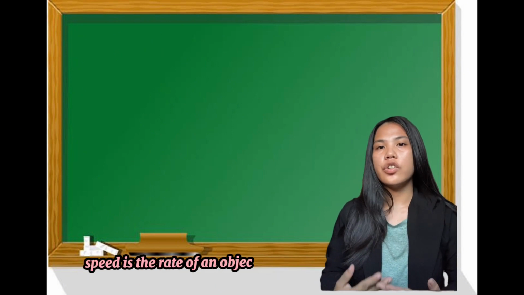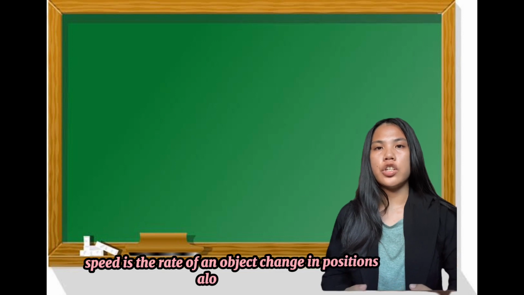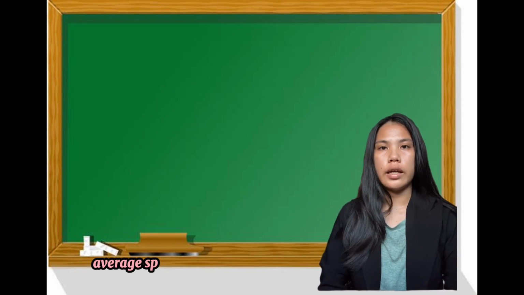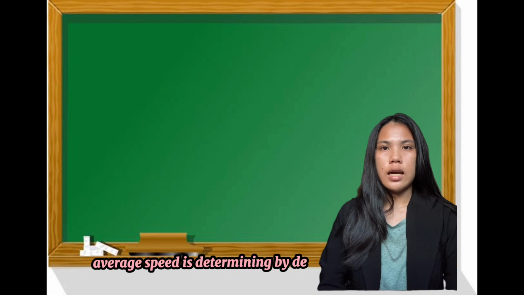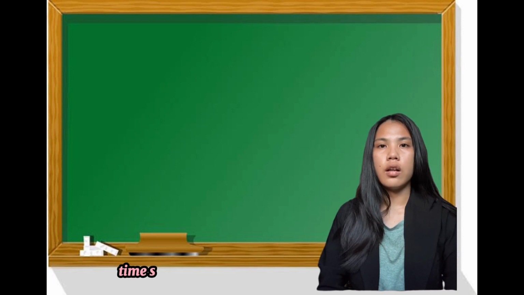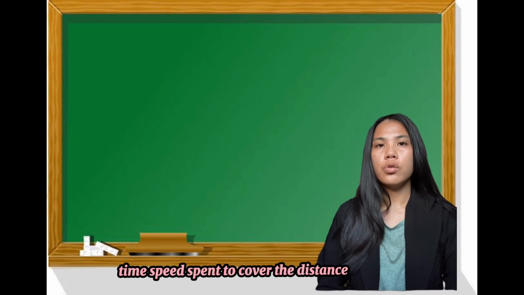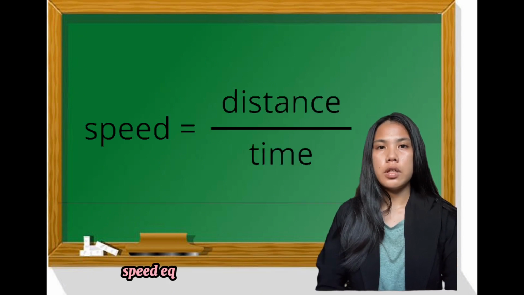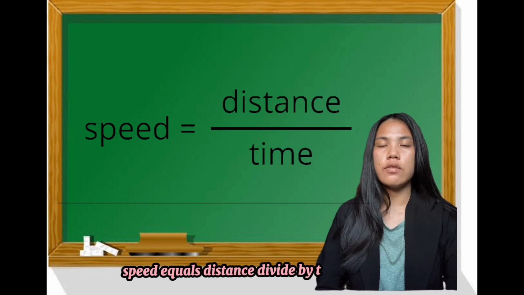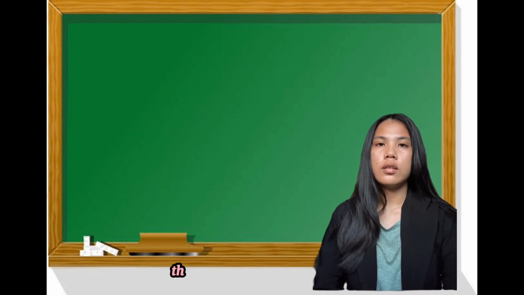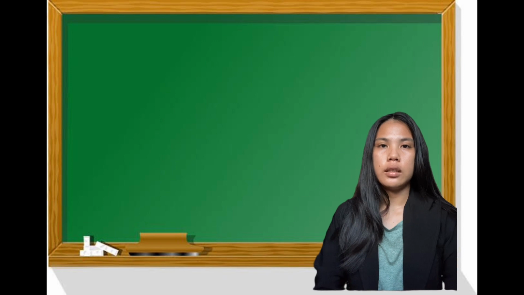Speed is the rate of an object's change in position along a line. Average speed is determined by dividing the distance traveled by the time spent to cover the distance. Speed equals distance divided by time, distance per minute.